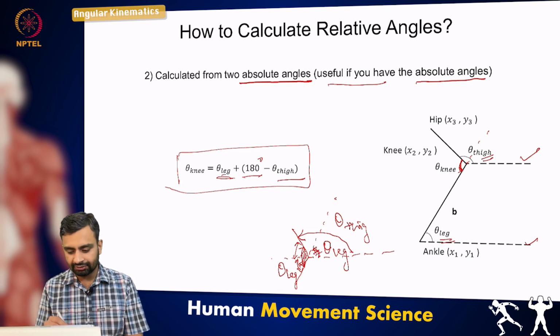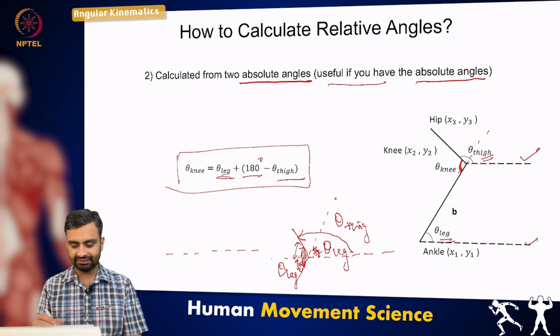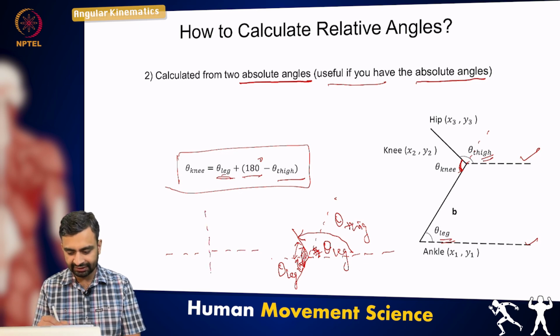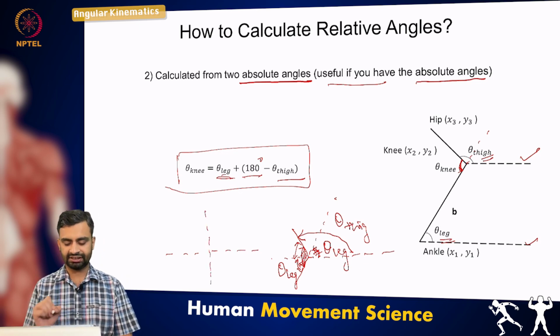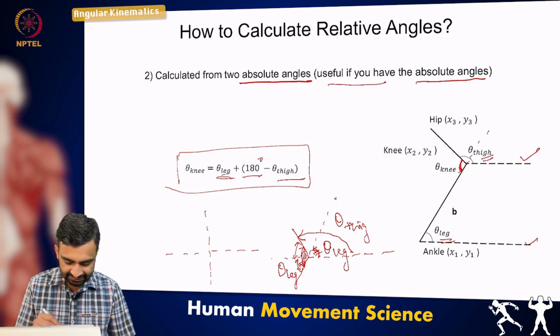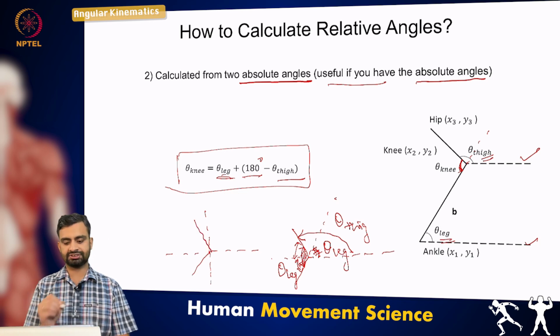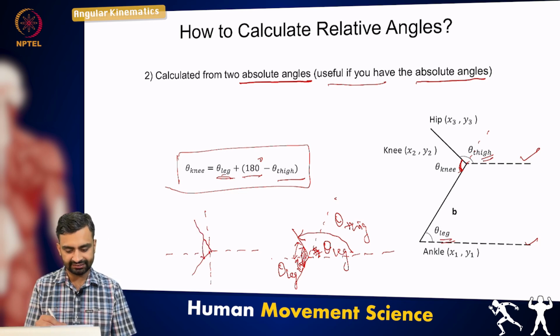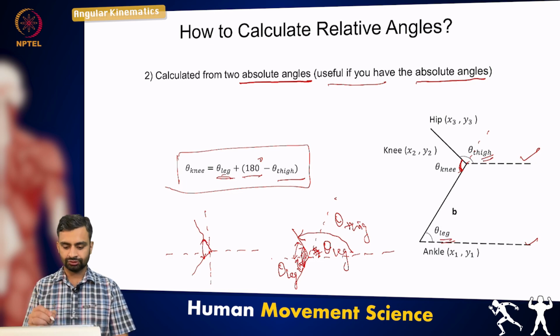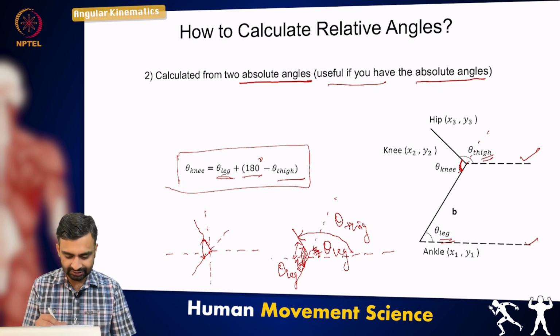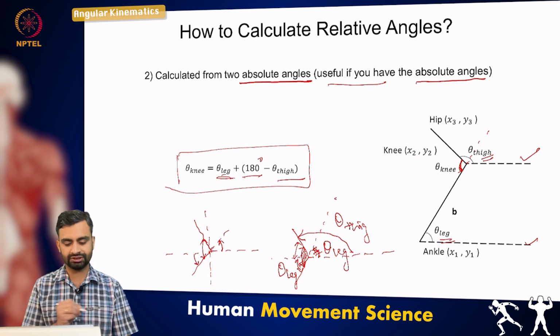Let me draw one more time in a clean manner. Over here, if we have these vertical and horizontal axes, this is our lower leg and this is our upper leg. We are interested in finding this angle. If we extend this, the angle between horizontal and the leg segment is this, and similarly this is the angle between horizontal and the leg.